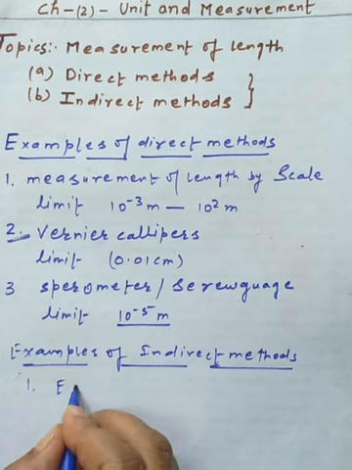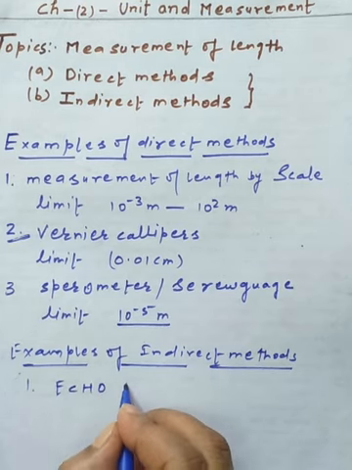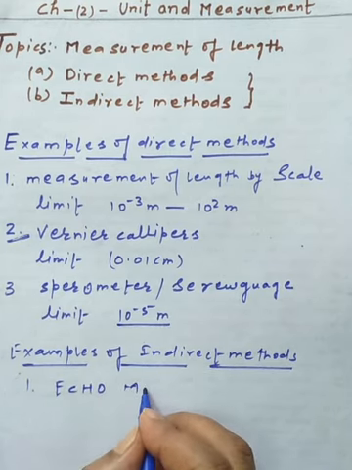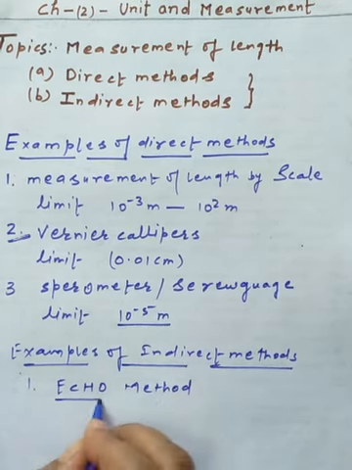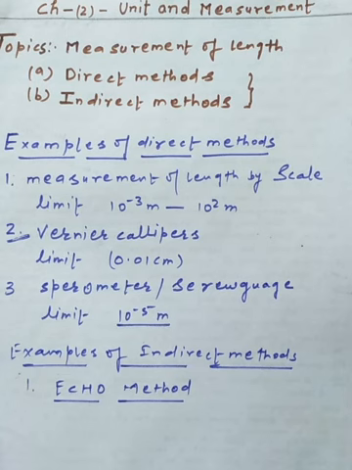You know very well what echo is, because in the ninth class you have learned about it. Whenever the echo travels, it comes back to the source. So I am putting a nominal diagram of this method.